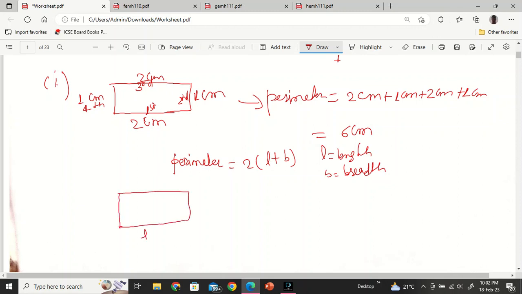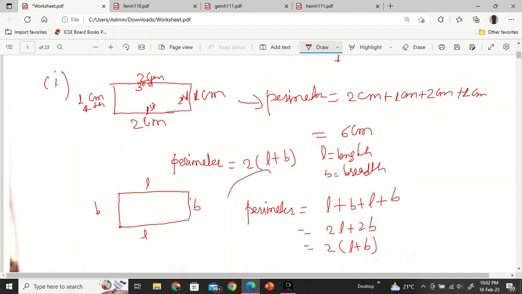If this is length and this is breadth, then what is the perimeter? According to my definition, it is L plus B plus L plus B. It is 2L plus 2B. So it is 2 into (L plus B). So see, we have derived the formula of perimeter of a rectangle from the definition only.